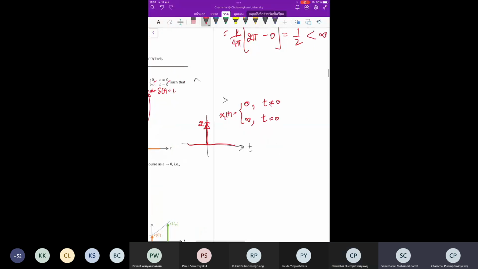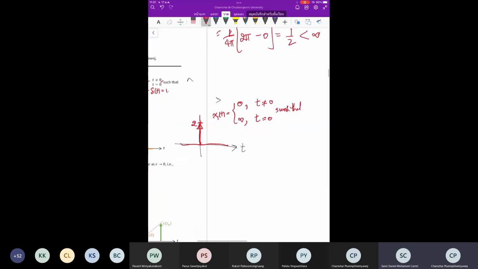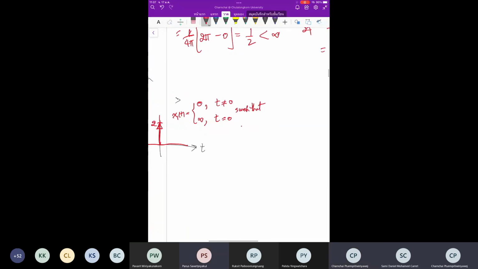Such that the integral of x1(t) dt from negative infinity to infinity equals what? 2. And how do you know that?